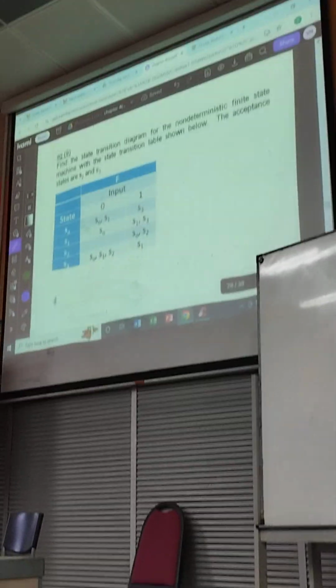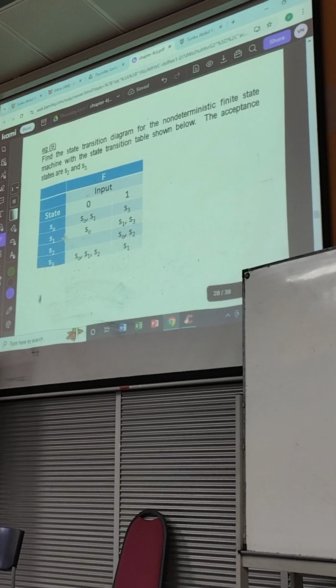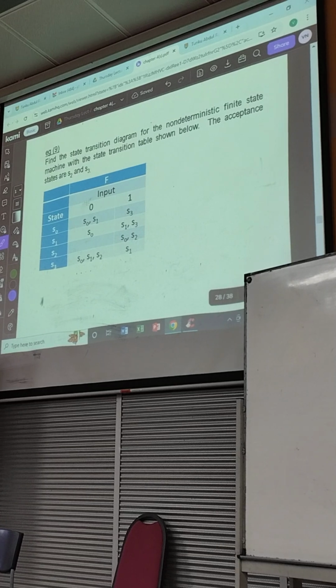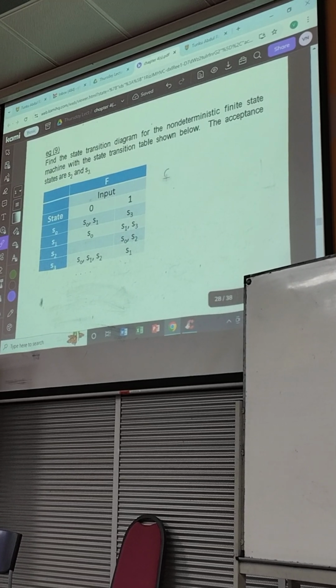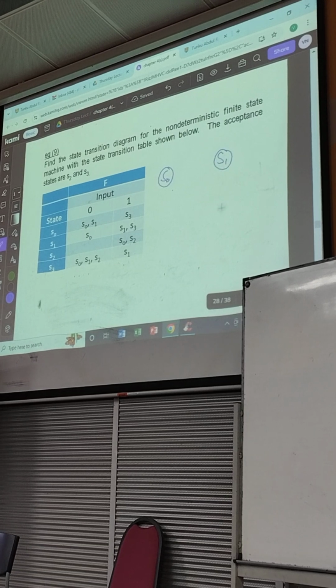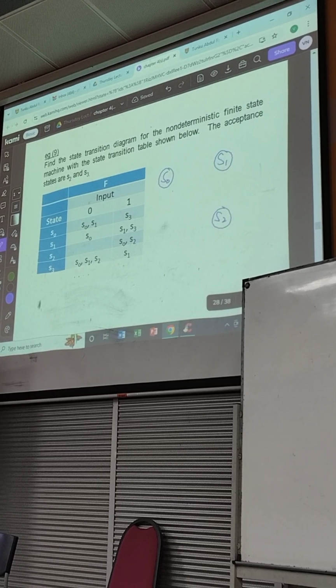Follow the stack here after input 0 and 1. Where are all the stacks go? Draw one by one. Okay? I believe you know how to draw. S0, S1, S2, S3.